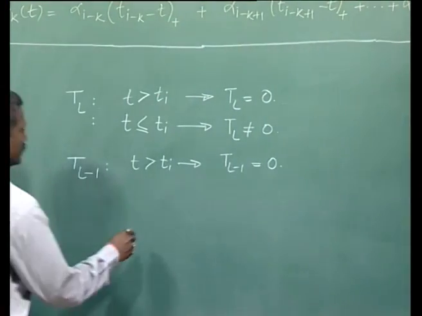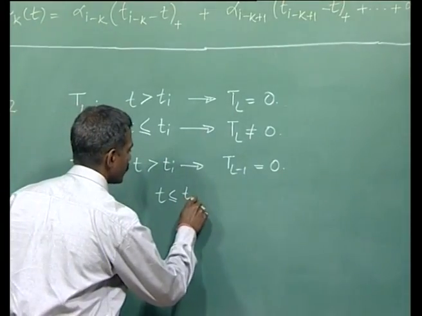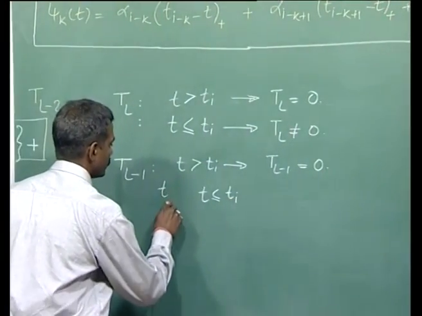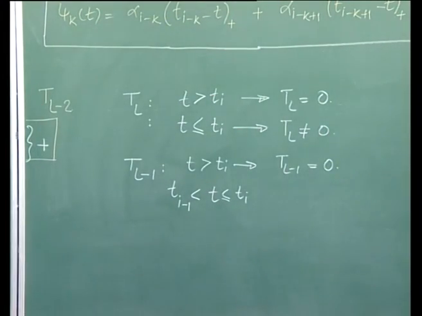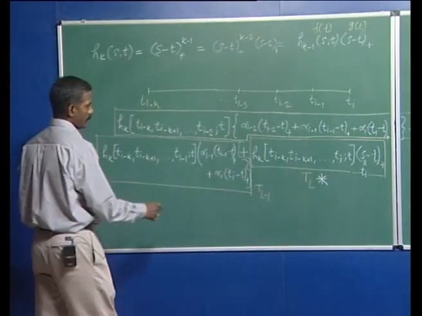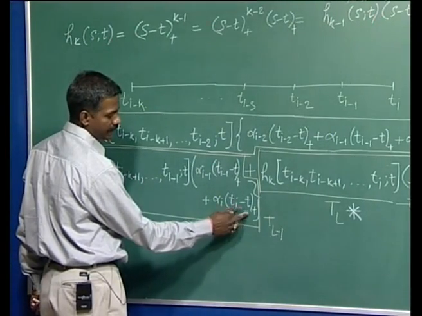Now for t smaller than or equal to t_i and greater than t_i-1, what happens? Look at this term here, (t_i minus t) truncated.